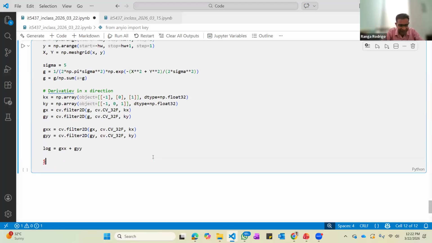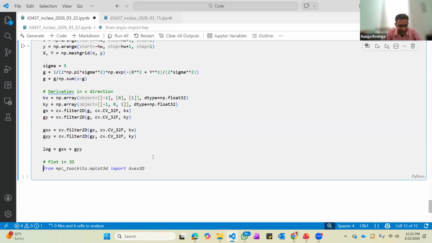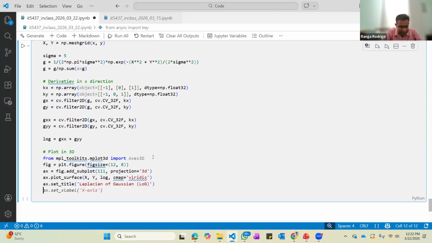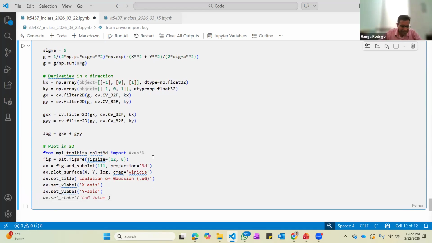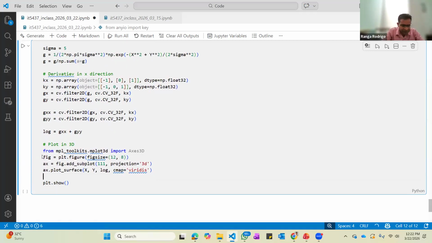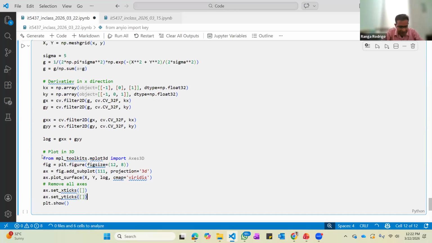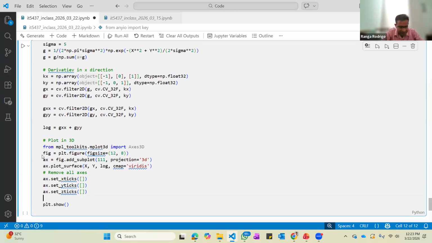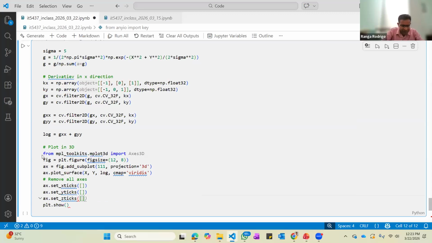So now it's plot in 3D, right? I hope it is working. Maybe there's a problem. Oh, I don't want axis. Remove. Is that it?